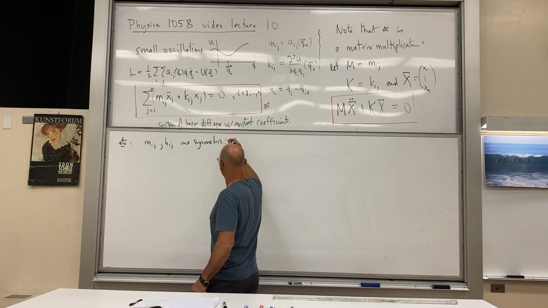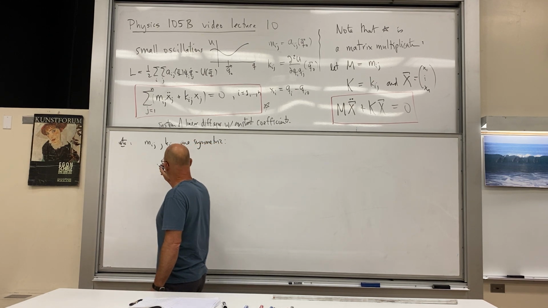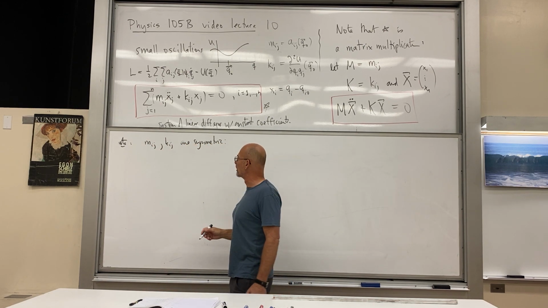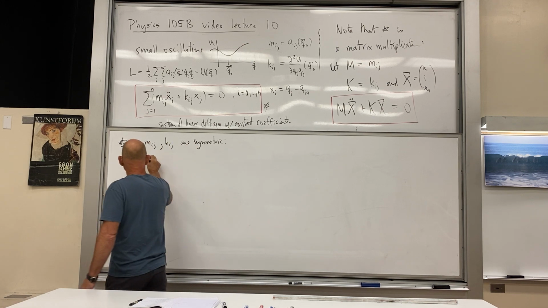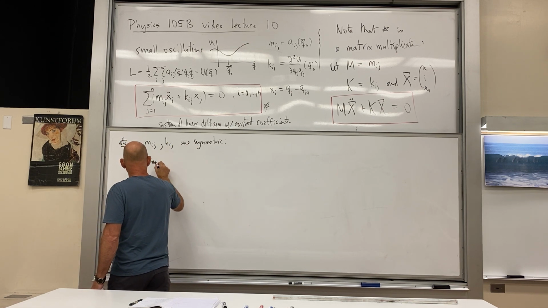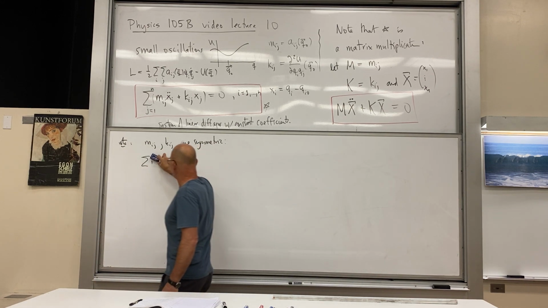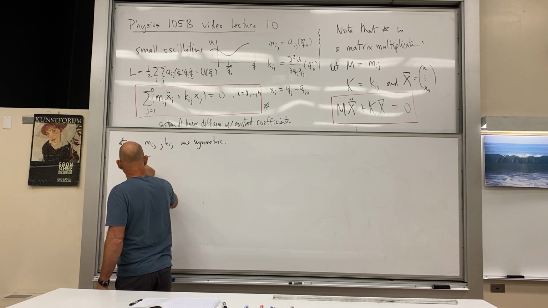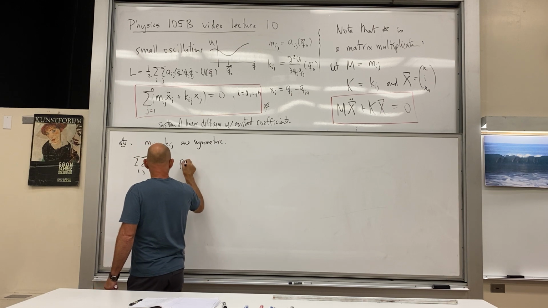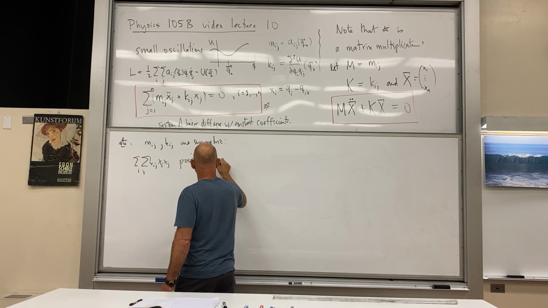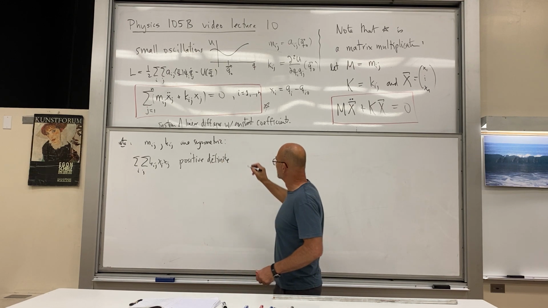Symmetric, and the quadratic forms that go with them are positive definite quadratic forms. Sum of Mij, or let's write this for K as the general case. Sum of ij, Kij, xi, xj, positive definite. Positive definite quadratic form. Good.